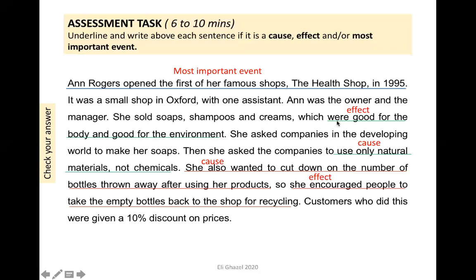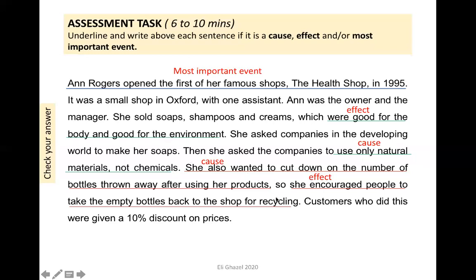So if something was good for the body and good for the environment, that was the effect. And that was caused because she asked the companies to use only natural materials, not chemicals. So using only natural materials, not chemicals, caused this effect: good for the body, good for the environment.